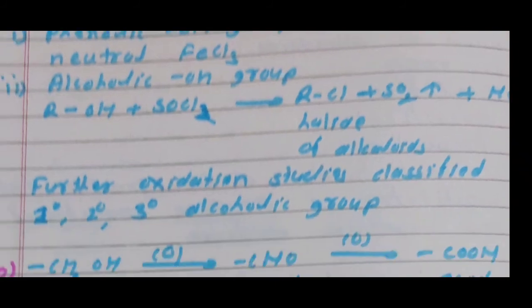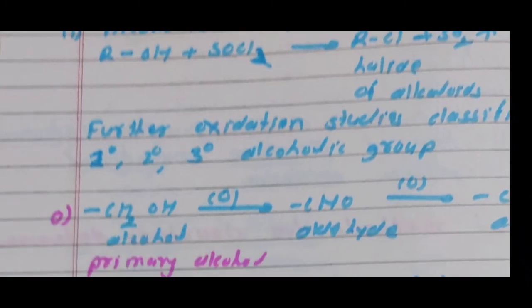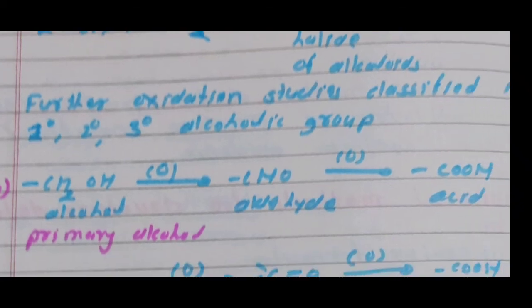Then for primary alcoholic group, primary alcohol on oxidation gives first aldehyde, and aldehyde then on further oxidation gives an acid, both having same number of carbon atoms as in the parent alcohol. Therefore I am showing the reaction: primary alcohol, that is CH2OH, general formula, oxidation, formation of an aldehyde, and aldehyde on further oxidation, formation of an acid having same number of carbon atoms.